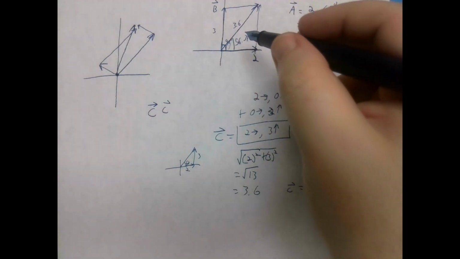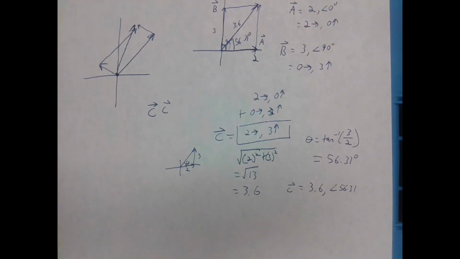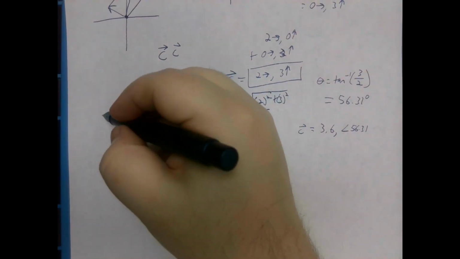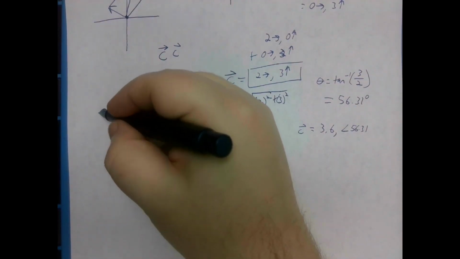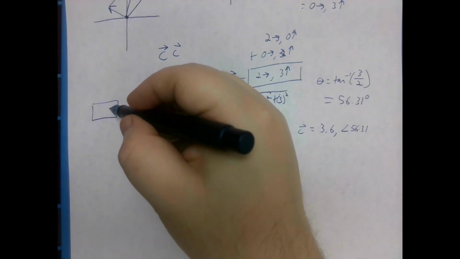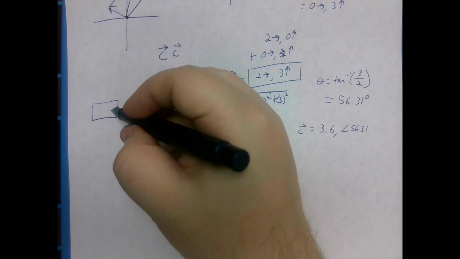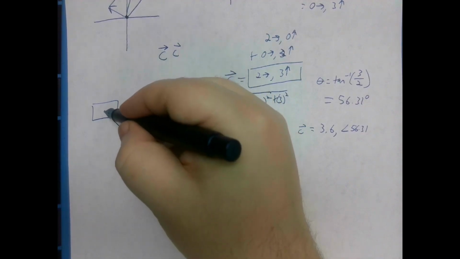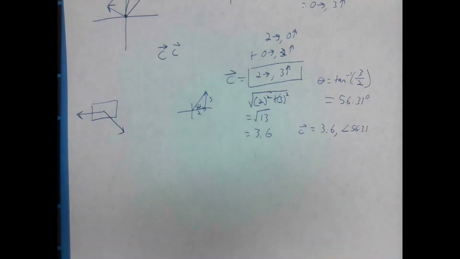So, if you need to estimate what direction a vector would be, it's a good way of checking your answer. Like if you do a rough sketch. For example, let's say that you have a box and we have some forces on it. Let's say a rope is pulling it this way and another rope is pulling it this way. And you want to figure out what direction it will go.